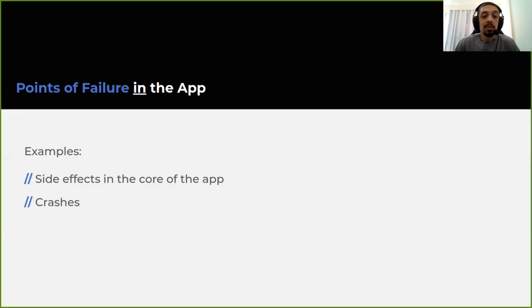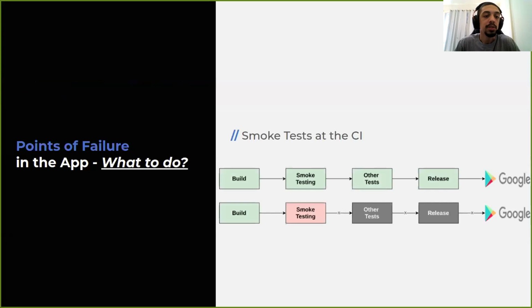And sometimes, even if we try to implement our application in a safer way, even if we have testing, there are some situations that only happen on specific devices or in specific situations. So we might have these problems, and there are some approaches that we can take to try to avoid these situations.